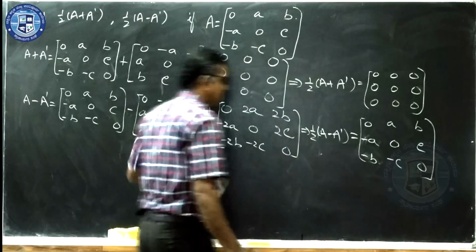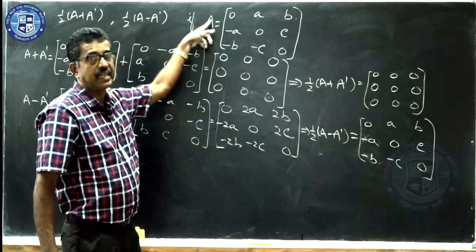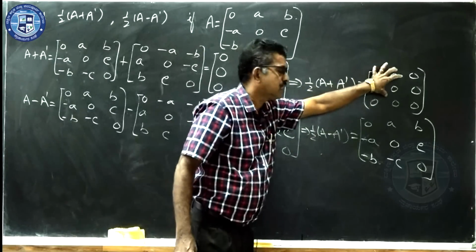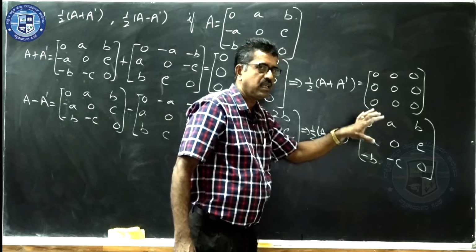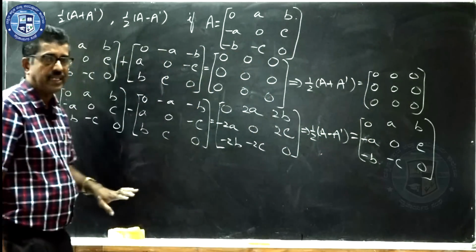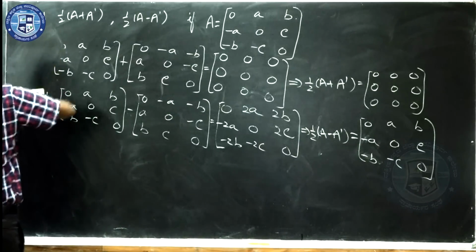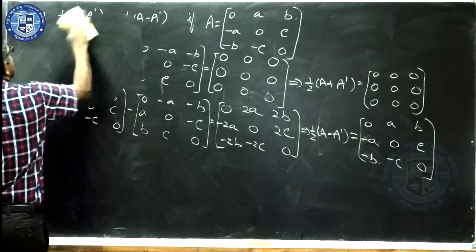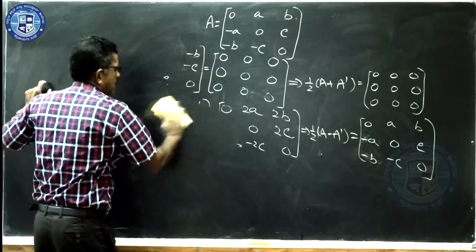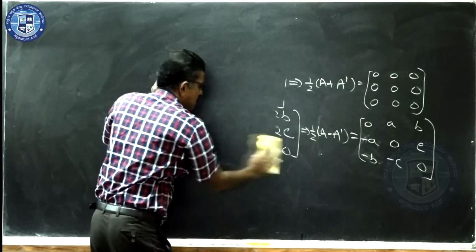We expect this to be the same as the given matrix. So, this is symmetric and this is skew symmetric, and one can express the given matrix as a sum of symmetric and skew symmetric. We shall continue with problems likely to be asked for 3 marks: for a given matrix, show that it can be expressed as a sum of symmetric and skew symmetric.